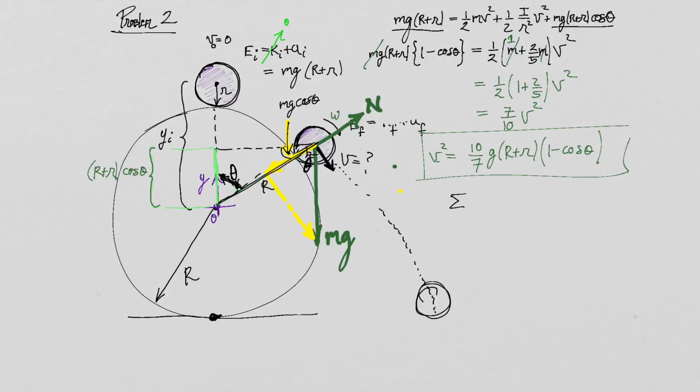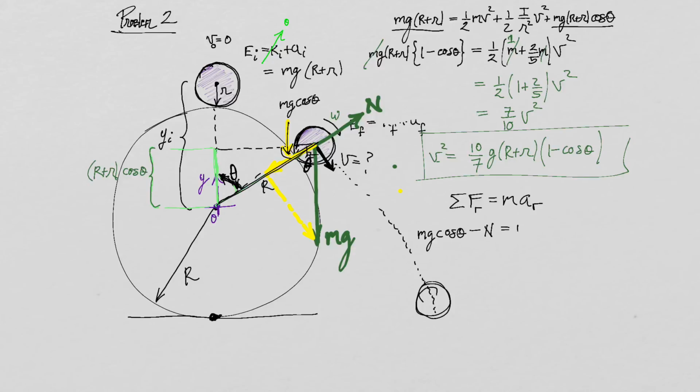Now Newton's law applied to that sphere. What is Newton's law? The sum of the forces in the radial direction is the mass of that sphere times the acceleration in the radial direction. Acting towards the center is mg cosine theta. Acting away from the center of the large sphere is the normal force, n.